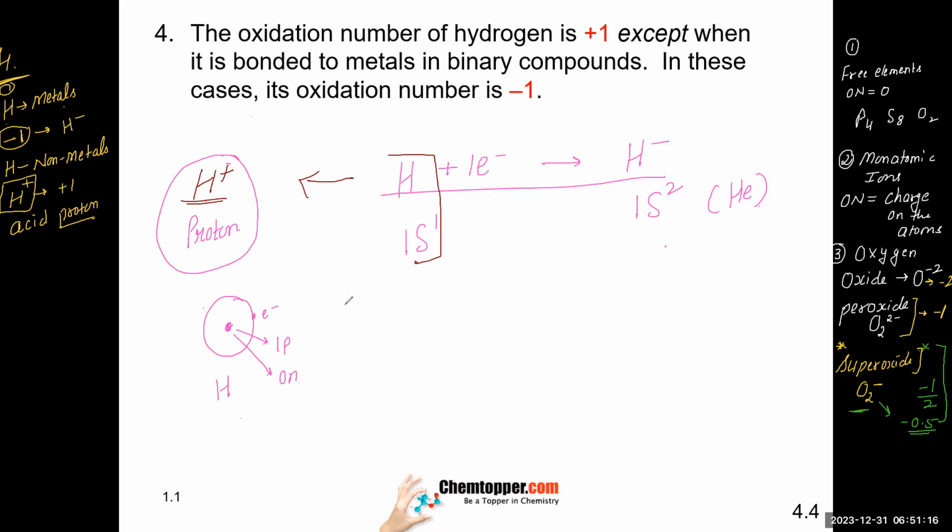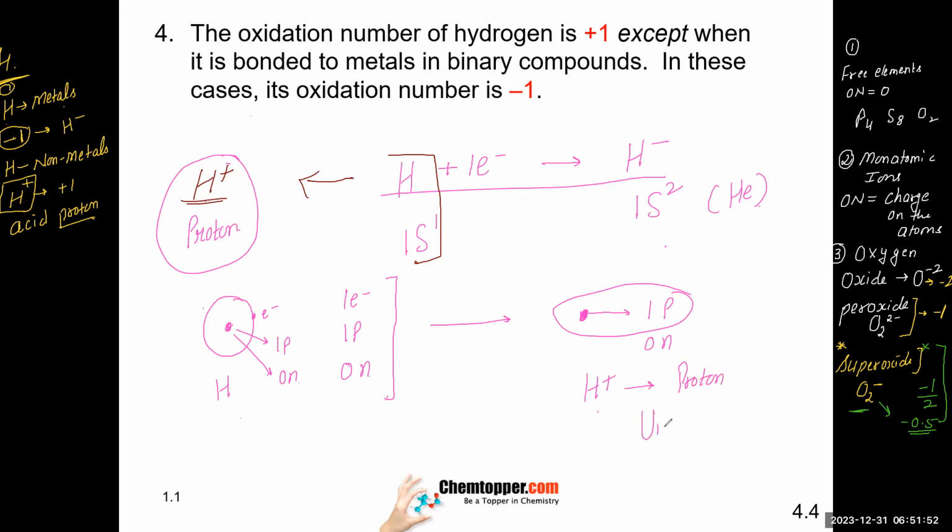So in hydrogen, there is one electron, one proton, and zero neutron. We're okay with this? Now you remove this one electron. Then what is left? Just the nucleus. There is no shell, just the nucleus. What is inside the nucleus? One proton and zero neutron. So what is H plus? It's just a proton. So we call it a proton.